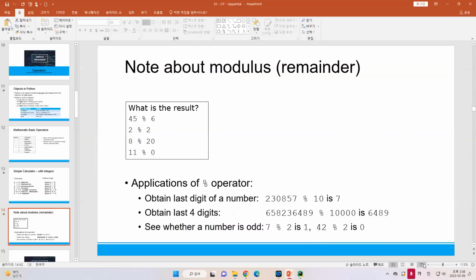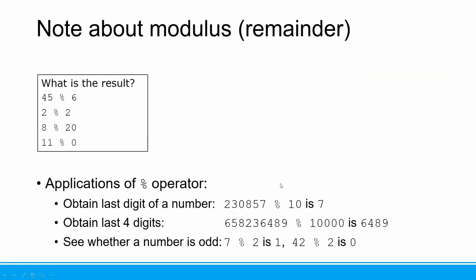So why do we need to work with the remainder? With the remainder operator, we can obtain the last digit of a number. For example, I have 230,857 and I want to get the last digit. I can just take remainder 10.